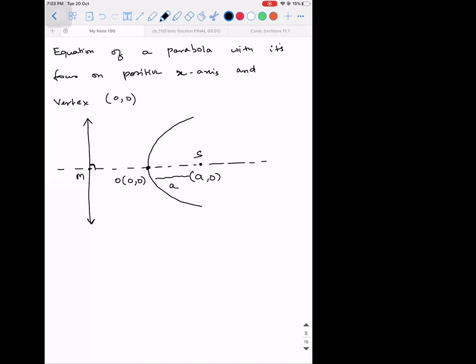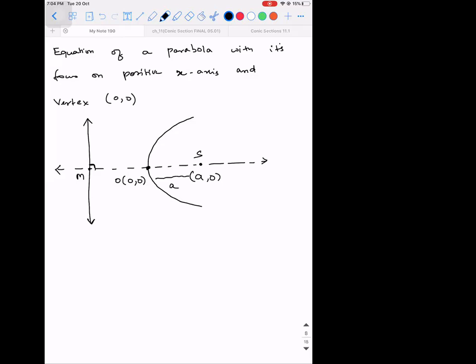Because M, O and S are collinear. So what I'm trying to say is origin is one of the special points on the parabola, which is exactly the midpoint of the focus and the foot of the perpendicular on the directrix.